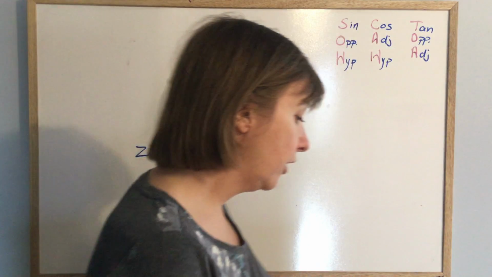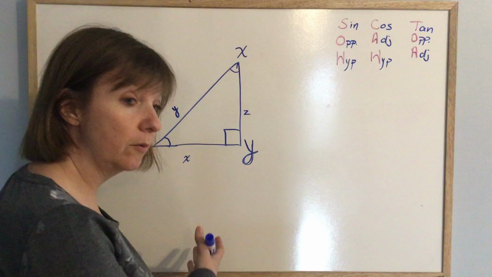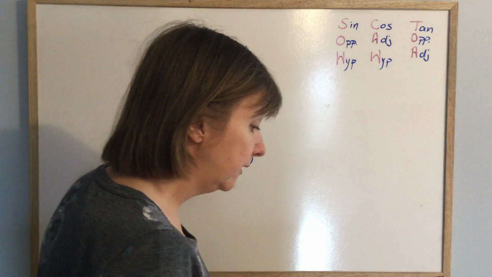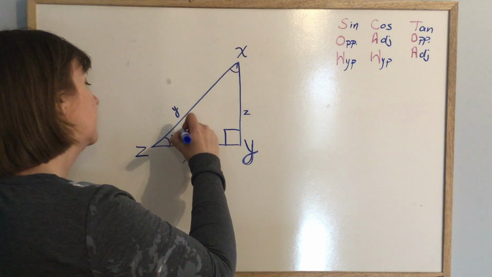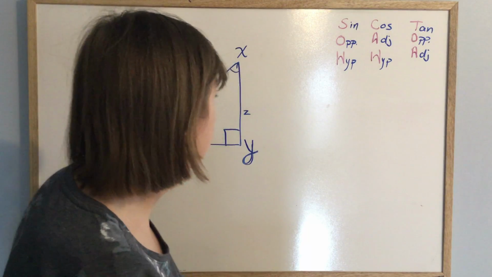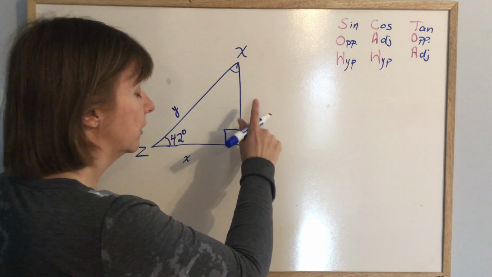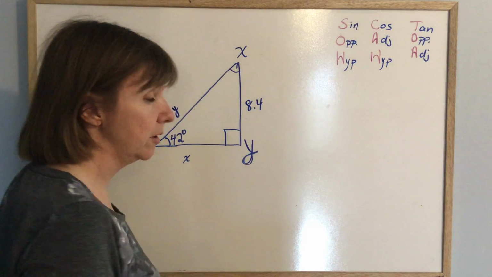So in this triangle, they tell us that this is 90 degrees. Obviously, they put a right angle sign in it. And they tell us that angle Z is 42 degrees. And then they tell us that this side over here is 8.4 centimeters.